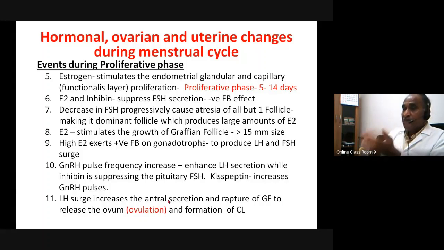After releasing the ovum, the remaining part of the Graafian follicle, without the ovum, collapses, and that forms new cells. The corpus luteum is formed. So that is number 11.